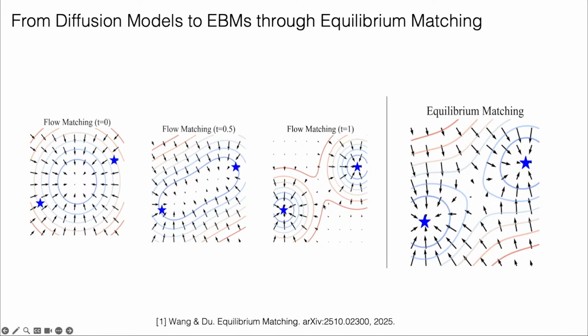What we want to do in equilibrium matching is use some type of flow matching procedure to learn a vector field that corresponds to some energy field, such that when you run optimization on it, you gradually converge to ground truth data points, which are shown as the blue stars.